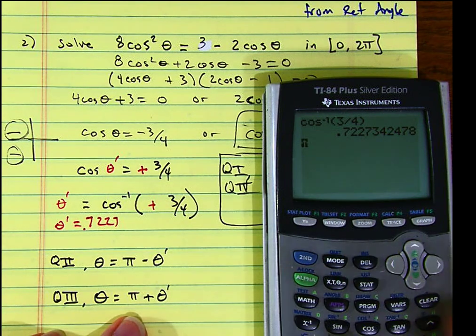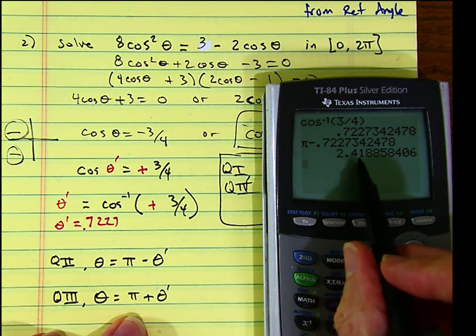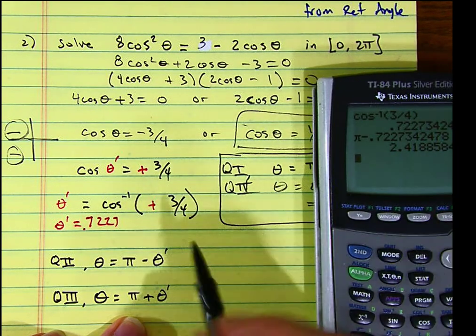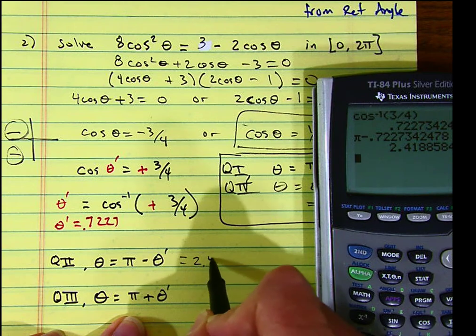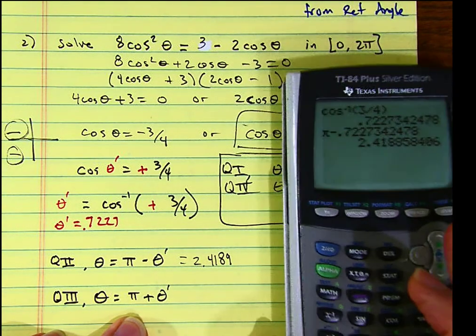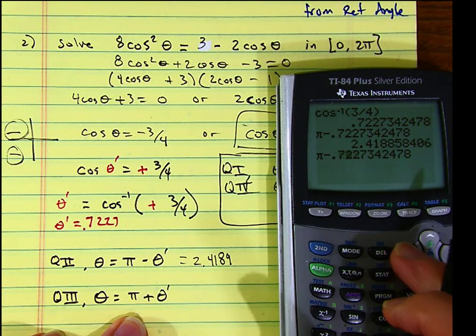But let's see, pi minus the reference angle, and that's 2.4189. And then we'll repeat that process, this time with an adding.